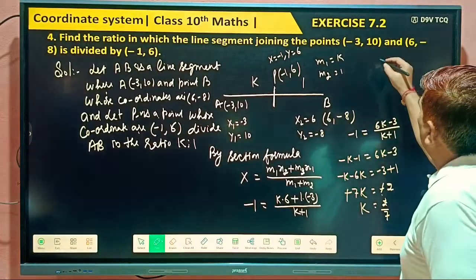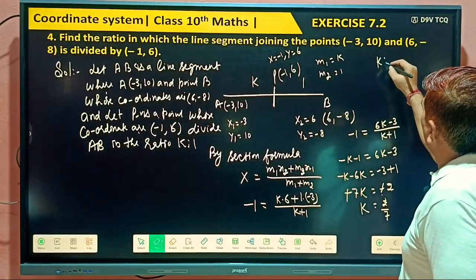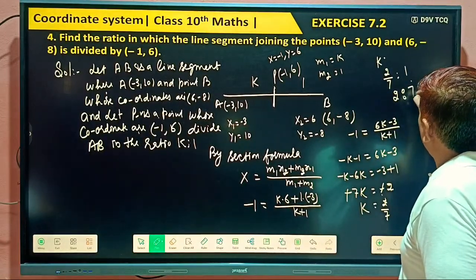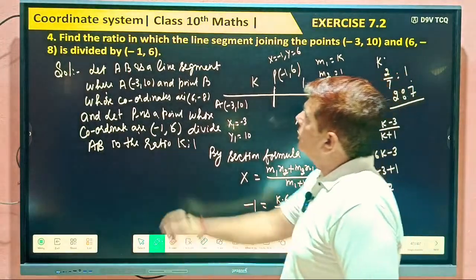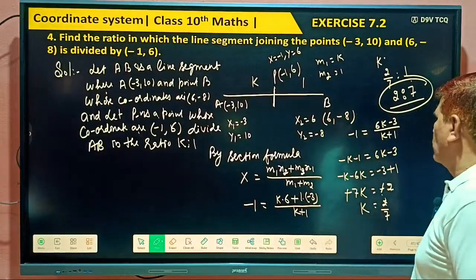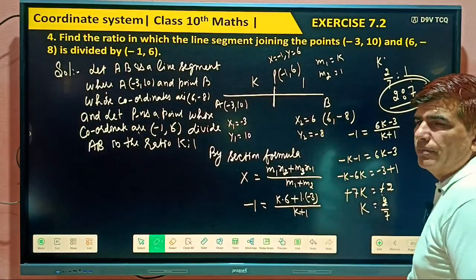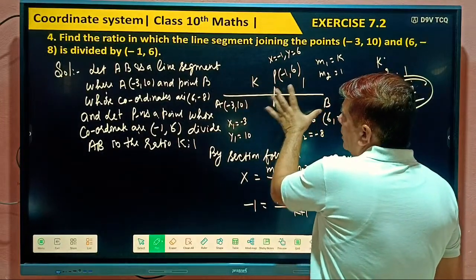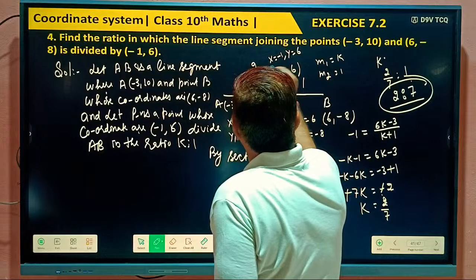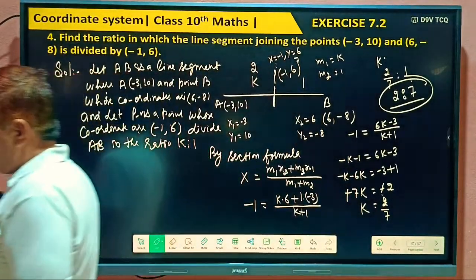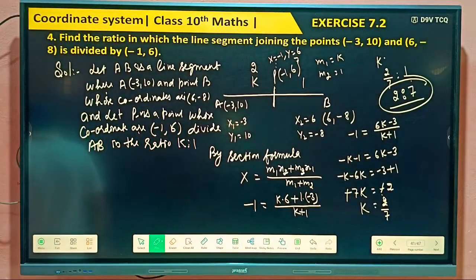So k:1 means the ratio is 2:7. So P is a point which divides the line segment AB in the ratio 2:7. Beta, if you are able to solve it, if you have no problem, I think you can solve it easily.